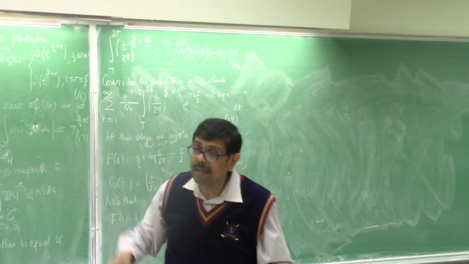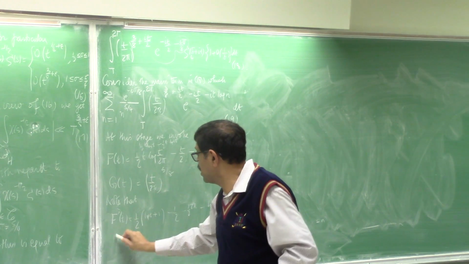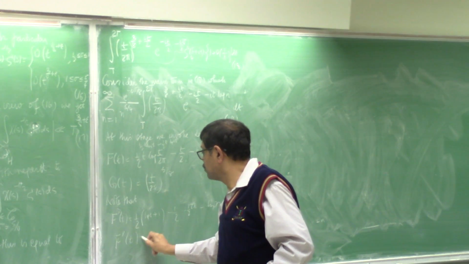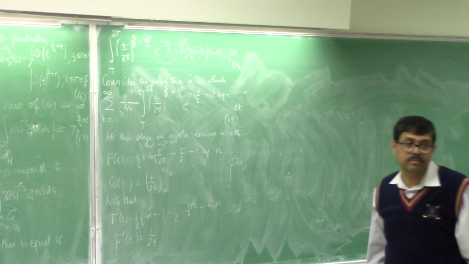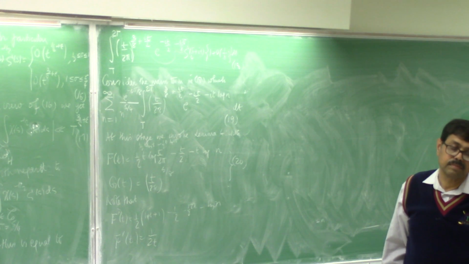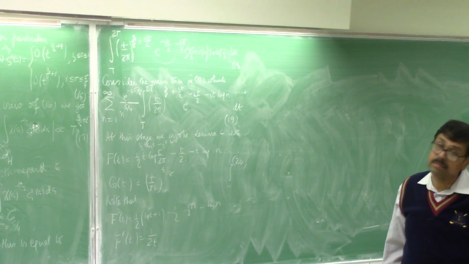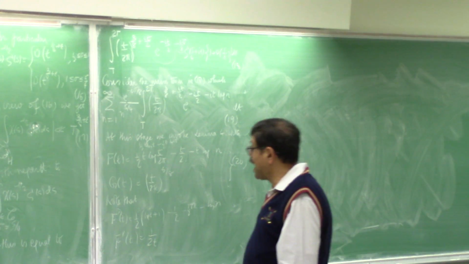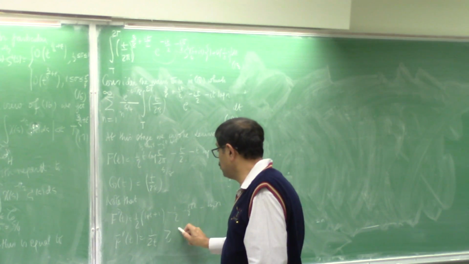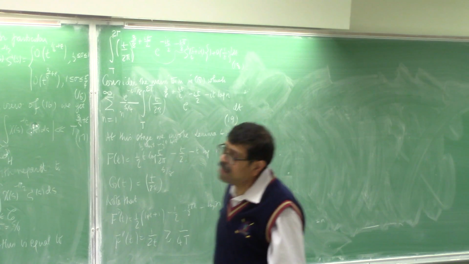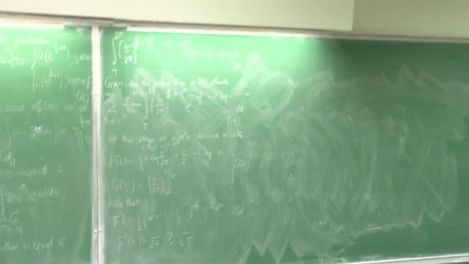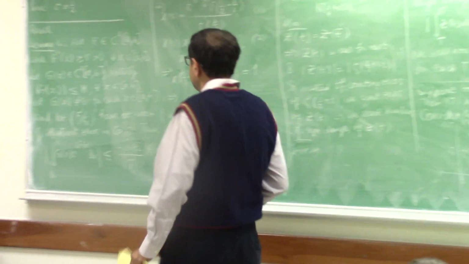Because that lemma deals with f double prime. So f double prime is 1 over 2. That's all I need. F double prime is 1 over 2t. And that is greater than or equal to 1 over 4t. Now in that lemma, that's the r. That's the r in the lemma that I have to use.